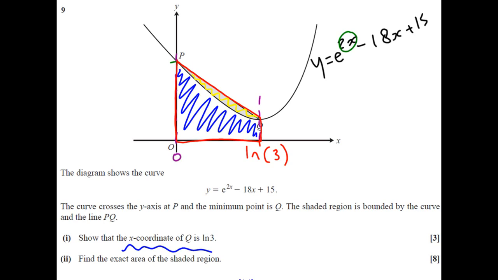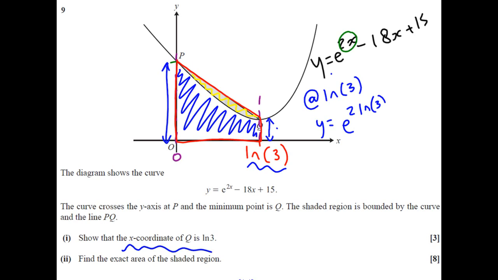Now let's get down to business. For the trapezium, we need to know this height, we need to know this height. So, ln 3 here is the x-coordinate in your equation. So to get the y-coordinate, which is this bit, we're going to sub in ln 3 to find out what y is. So e to 2 ln 3 minus 18 ln 3 plus 15.